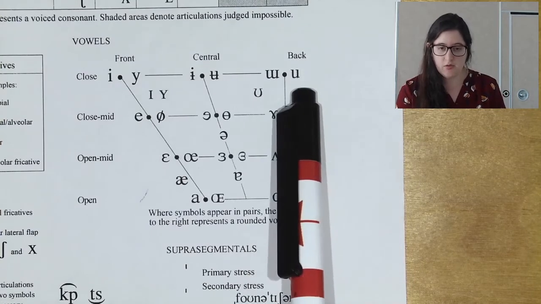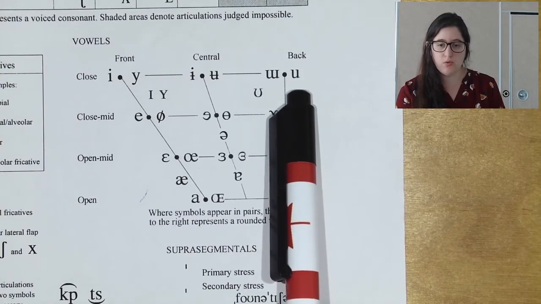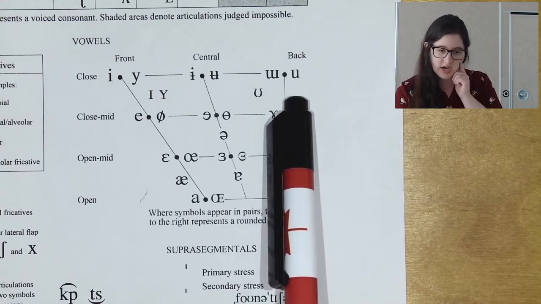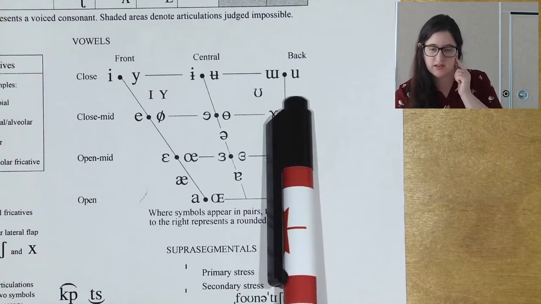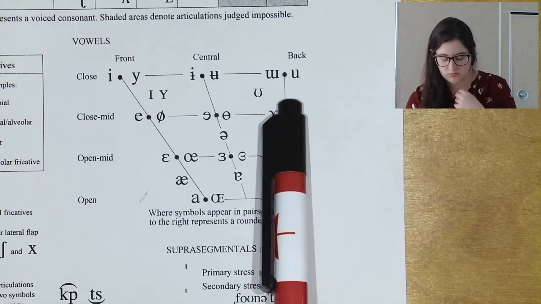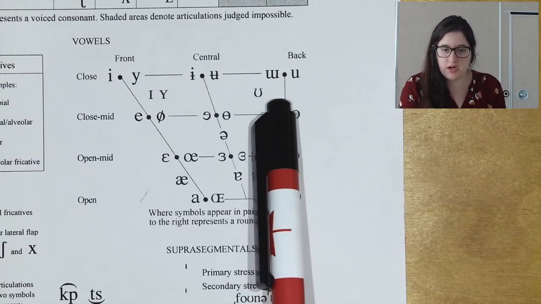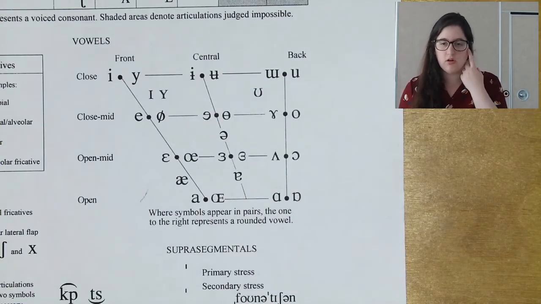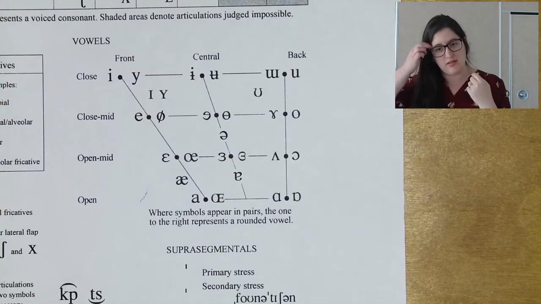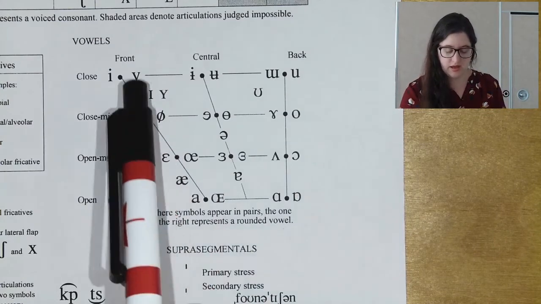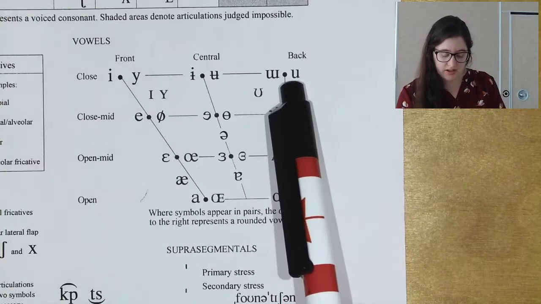And back would be, if you make an oo vowel, and you feel where your tongue is bunched up towards the back, it's closer to your velum, uvula area. So the area between your hard palate and your velum is where your tongue moves around when you're making different vowels. That's what we mean when we say front, central, and back.